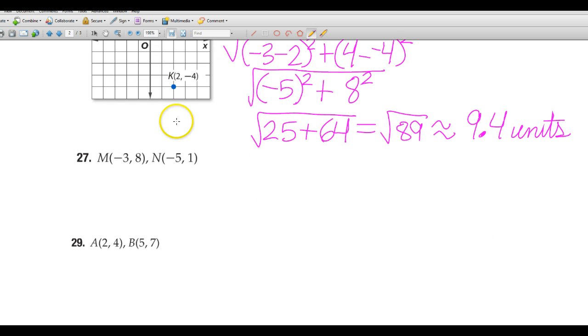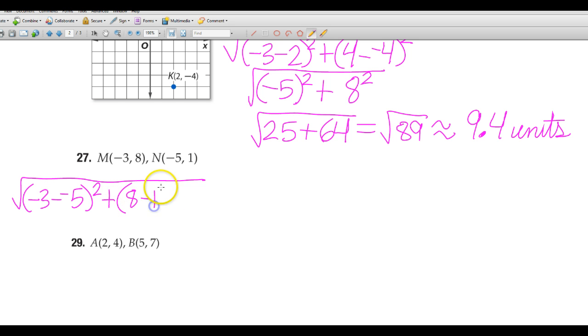Same idea with 27. So my x-coordinates first. And then my y-coordinates. Okay, work inside the parentheses. This would become +5.